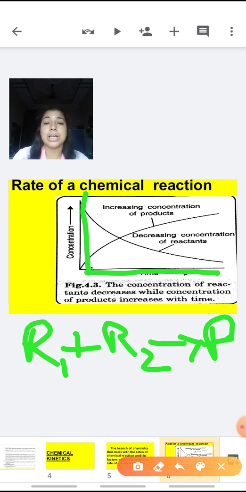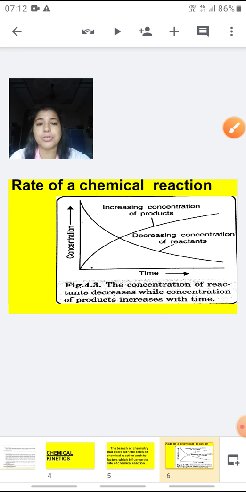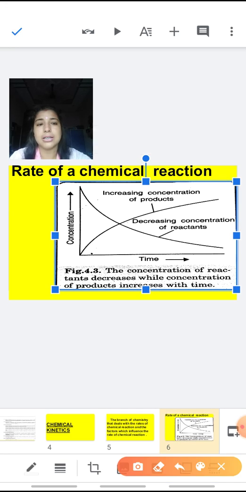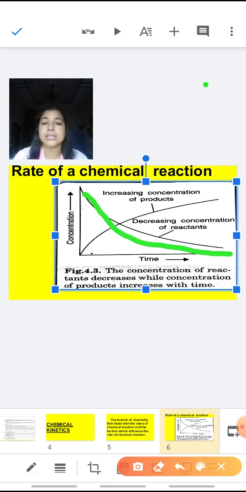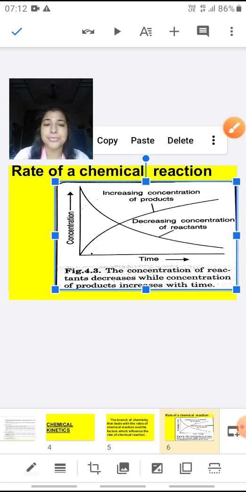Now initially the quantity of reactant is very high, as you can see in this graph also. This line is for the reactants. The graph which is going down is for the reactant, and the graph which is going up is for the product. Why is the reactant graph going down?